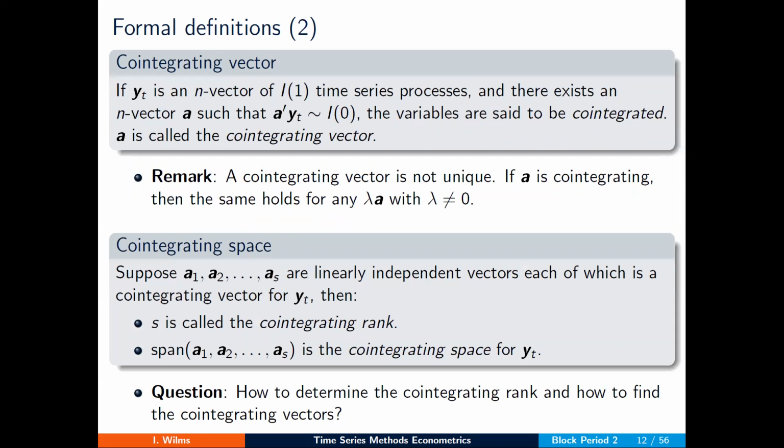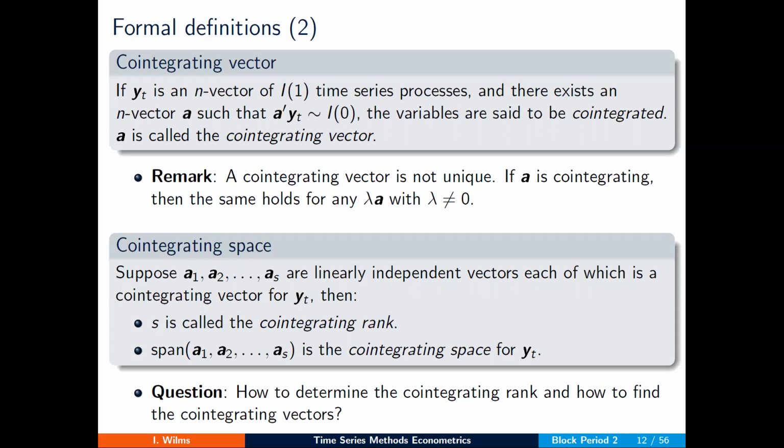Well, let's say that we have an n-dimensional vector process y_t that is integrated of order 1, so non-stationary. Well, then the series are co-integrated if there exists a linear combination among my series, as given over here by a' y_t, that yields a stationary time series, so that is integrated of order 0.